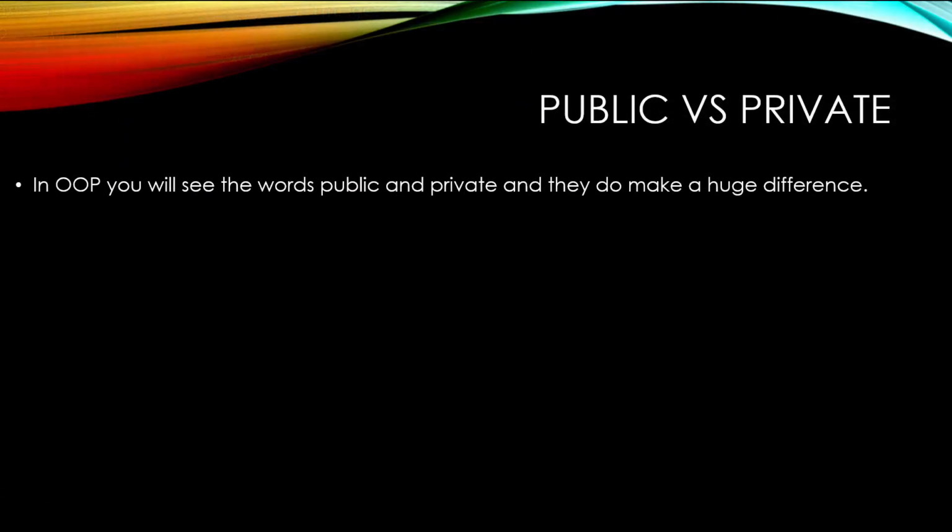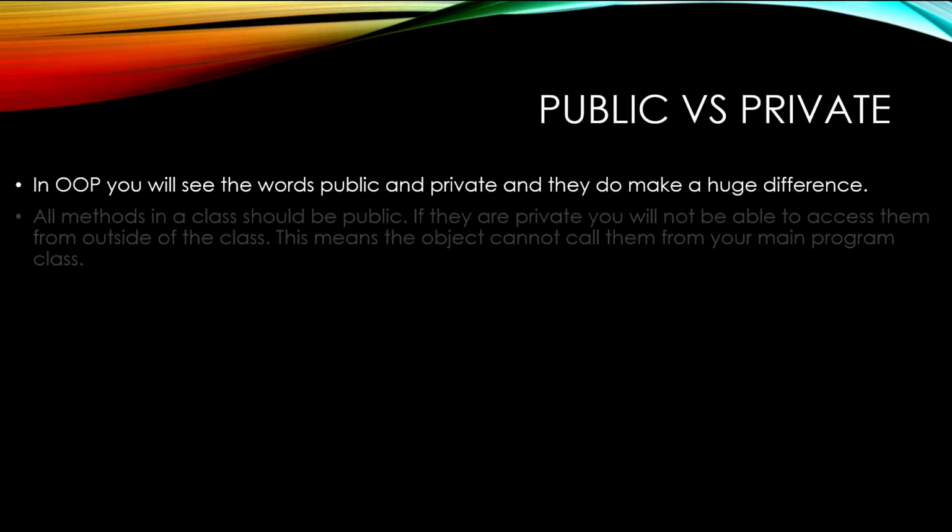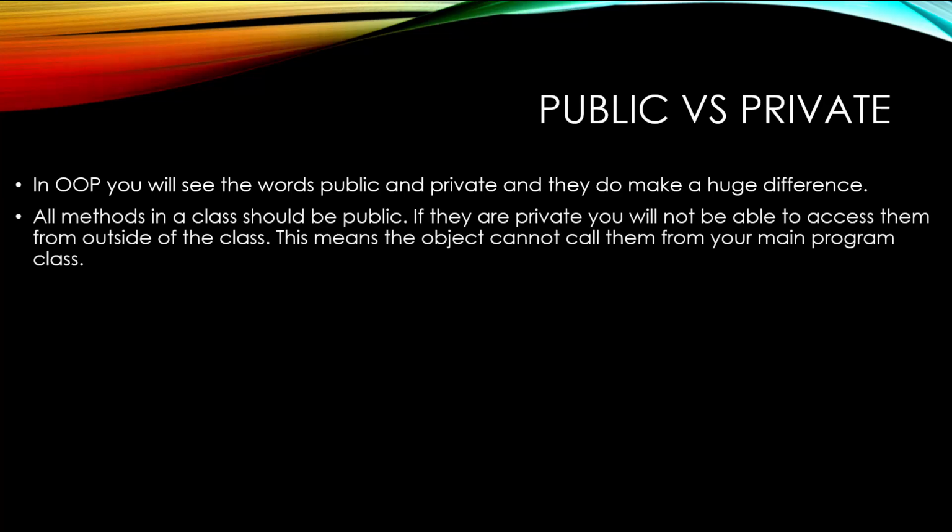In object-oriented programming, you'll see the words public and private, and they do make a huge difference. All your methods in a class should always be public. If they are private, you're not going to be able to access them from outside of the class because they're private. This means the object cannot call them from your main program class. So you're not able to do anything with those methods.